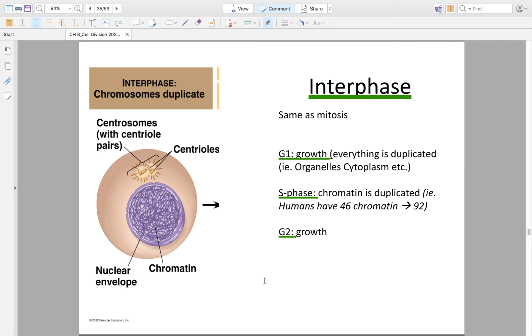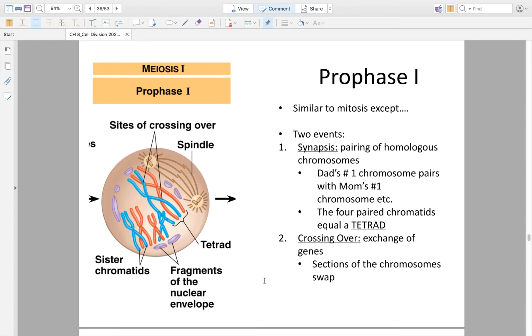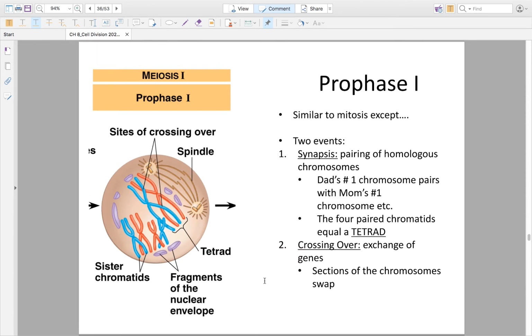So interphase is the same, and then here's one of the primary differences. In prophase 1, meiosis 1, it's pretty similar except for a couple of things. It's similar in the sense that the mitotic spindle is going to form. There's a spindle right there. The nucleus is going to fragment and disintegrate.